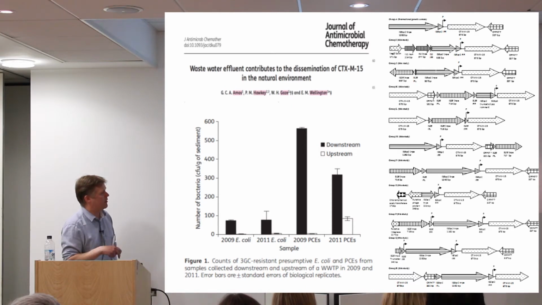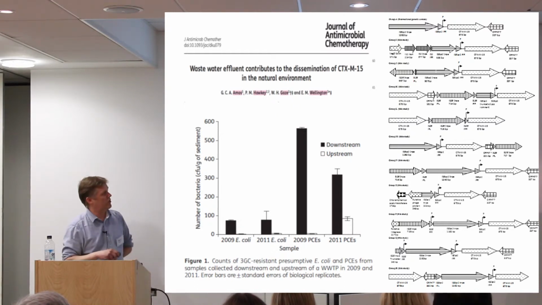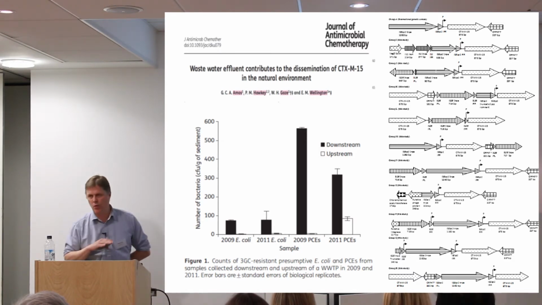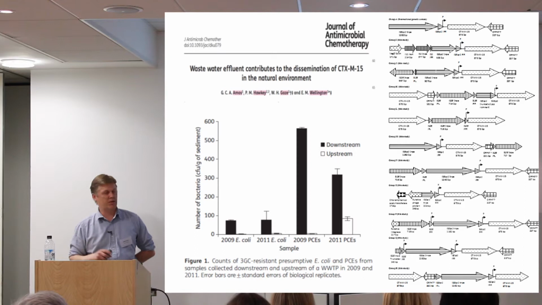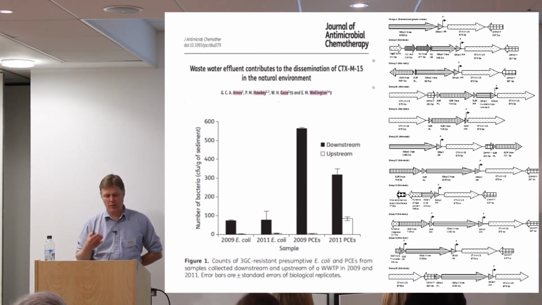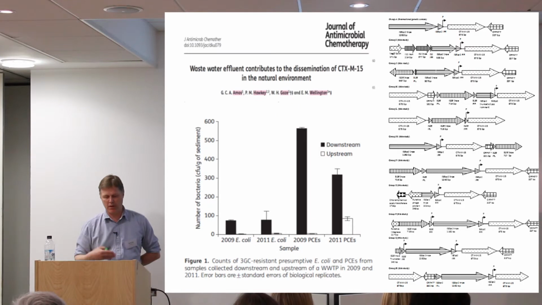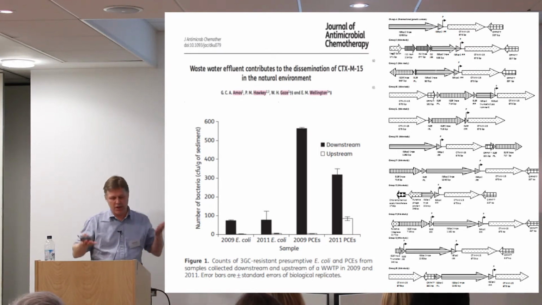So Greg found, I think, something like 9, or I can't remember exactly, but 7 or 8 or 9 new genetic contexts that he described from this one site downstream of one wastewater treatment plant that have been reported from all clinical isolates in all the world in terms of genetic context of CTXM15. So either we're looking harder than anyone's looked before, or there is recombination going on inside wastewater treatment plants or in polluted sediments. So this is sort of circumstantial evidence.